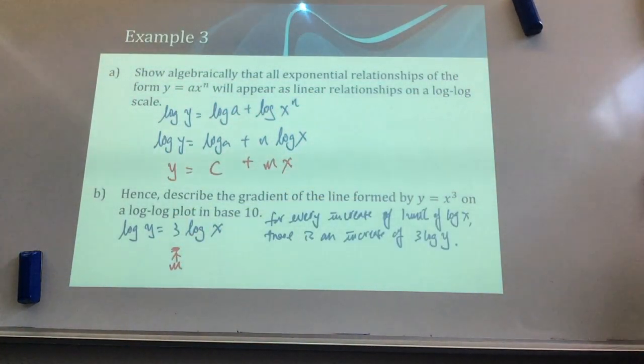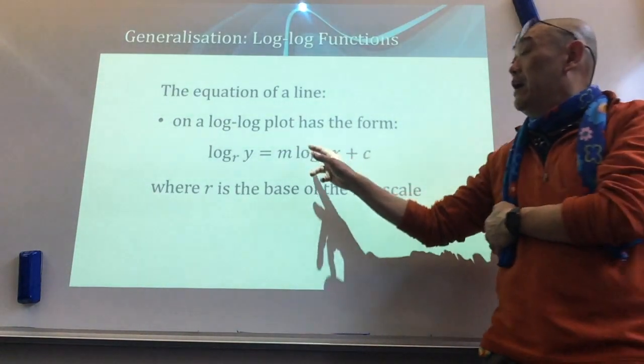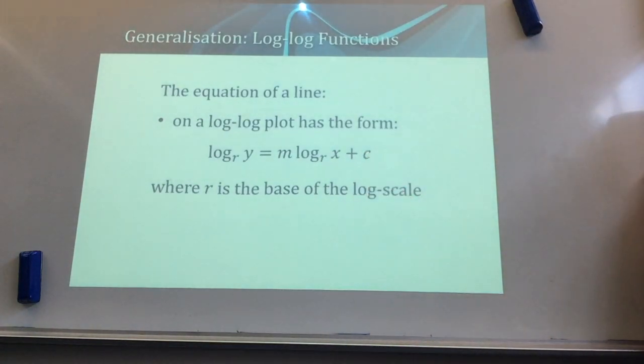For every increase of 1 unit of log x, there's an increase of 3 units of log y. Just a gradient, that's it. 1, 1, and 3. So a generalization, a log plot, you have log y equals m of log x plus c, where r is the base of the log scale.